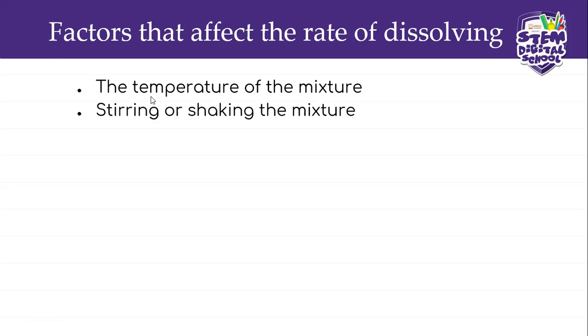Stirring or shaking the mixture affects the rate of dissolving, as does the grain size of the solid. Today we'll only be looking at the temperature of the mixture, and tomorrow we'll look at stirring and shaking as well as grain size. So let's get into it.